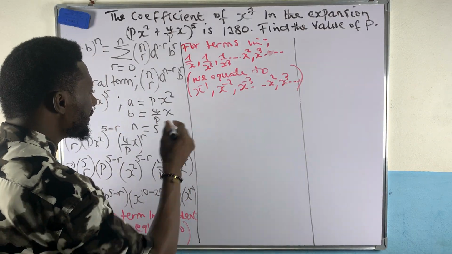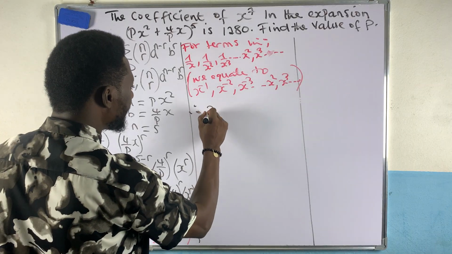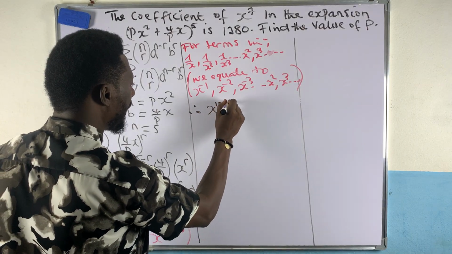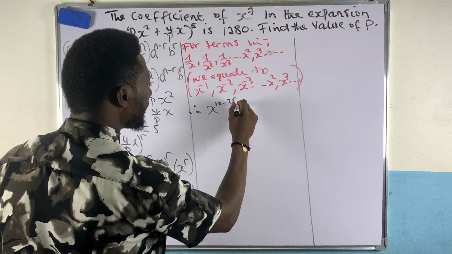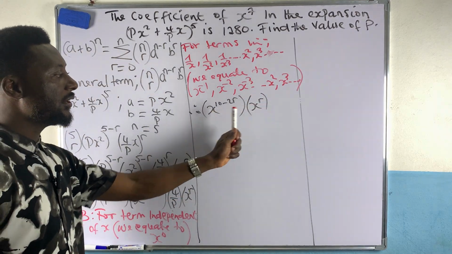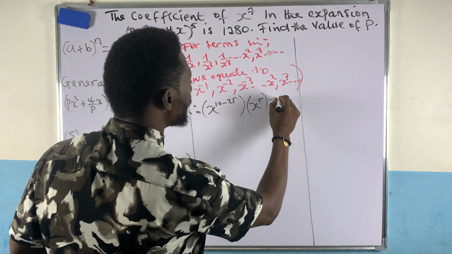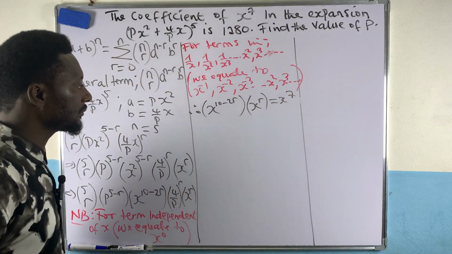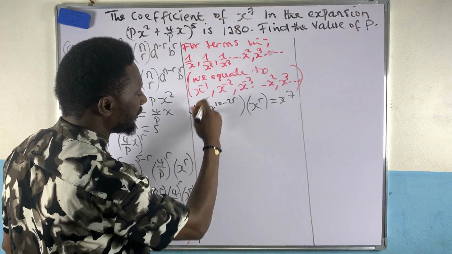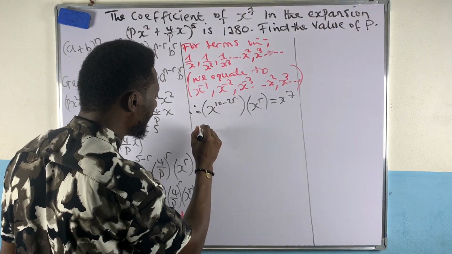So it therefore means from our expansion, I have x to the 10 minus 2r times x to the power r, which are already the terms that are isolated, should be equal to x to the power 7. And the law of the exponent says that when the bases are multiplying and are the same, we add the exponents.